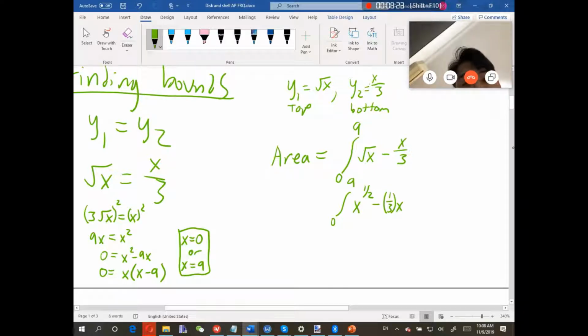So what will happen if I integrate x to the 1/2 power? X to the 3/2 power.